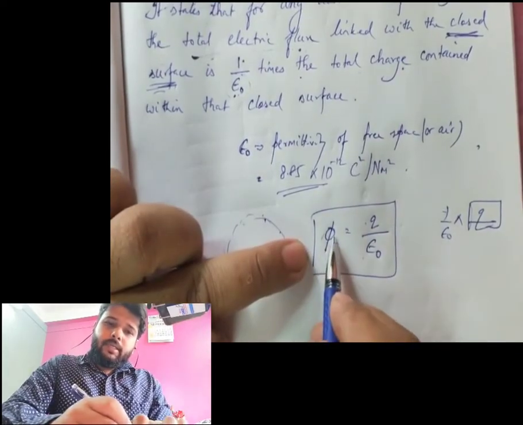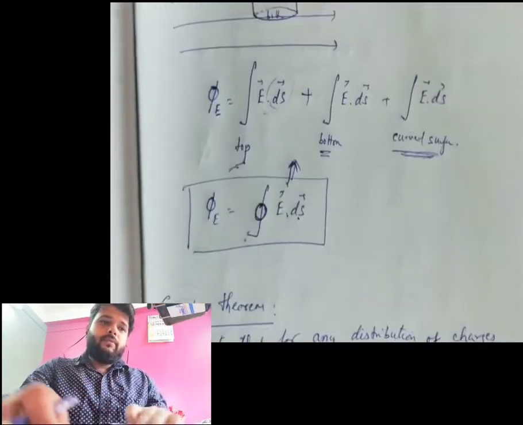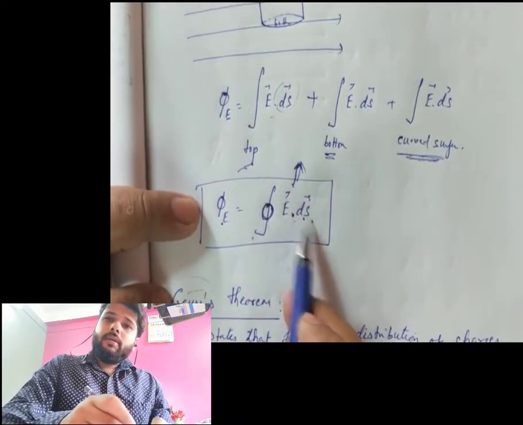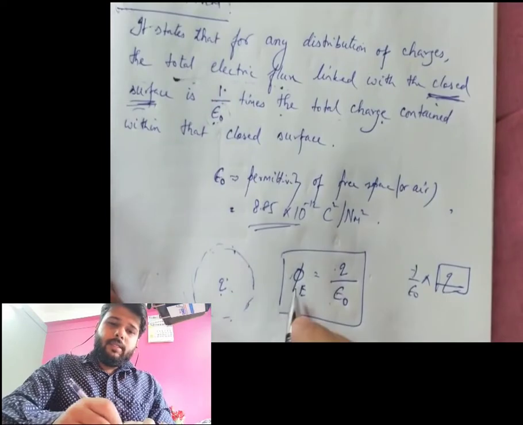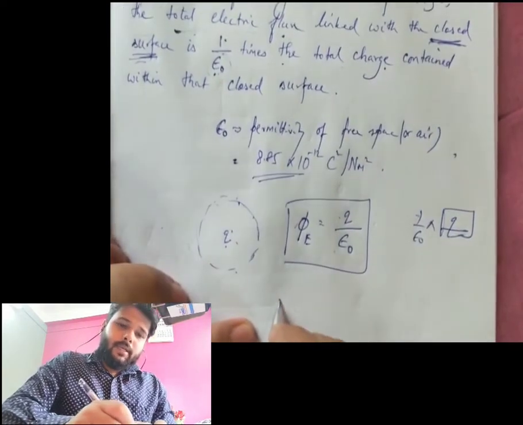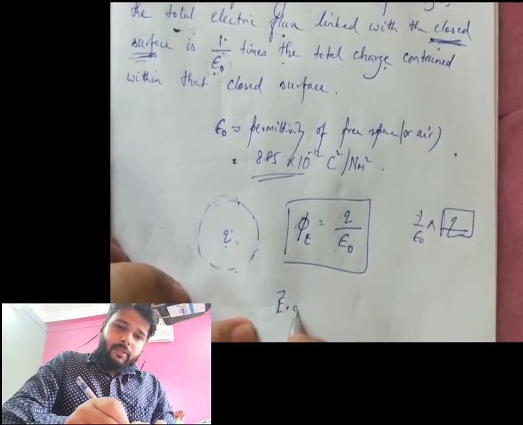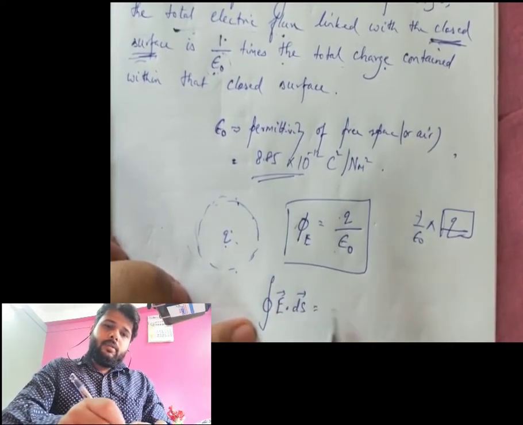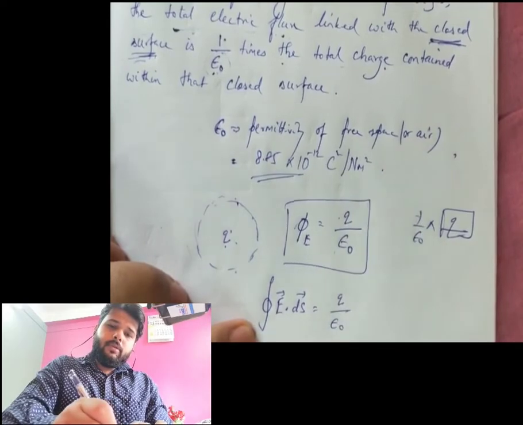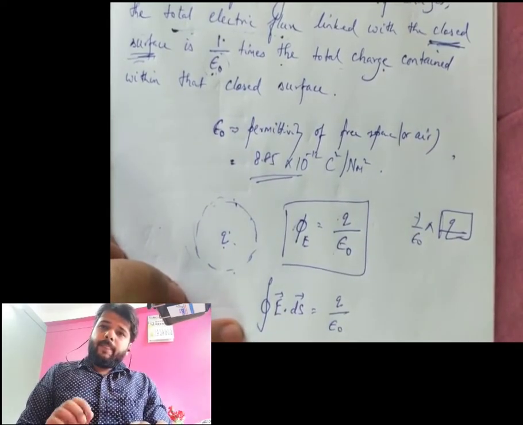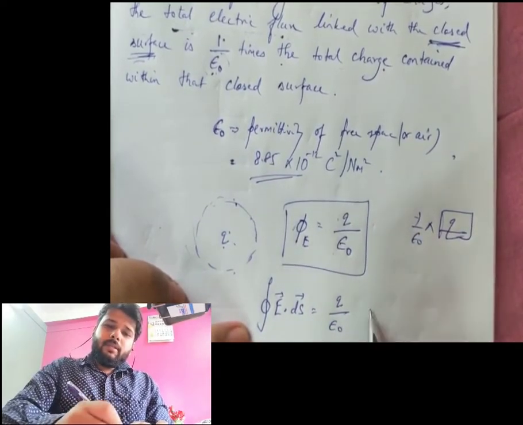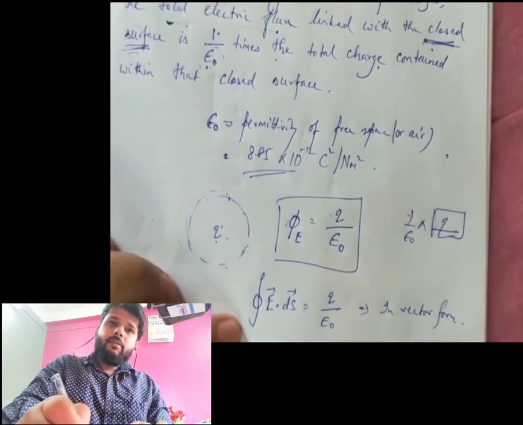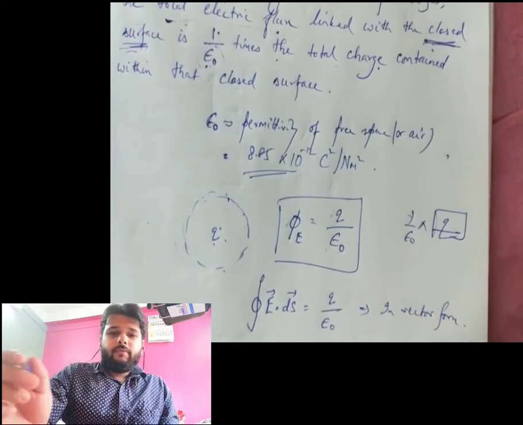We have also studied that electric flux for a closed surface is E dot ds. So instead of phi e, we can write the closed integral of E dot ds is equal to q by epsilon naught. This is Gauss's theorem in vector form.